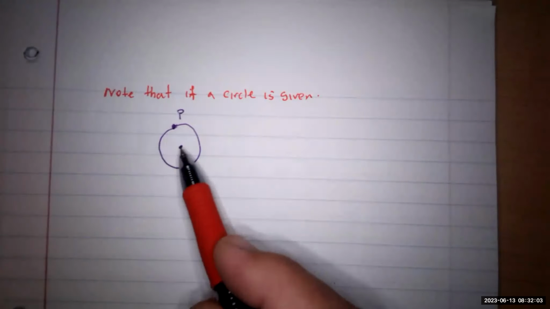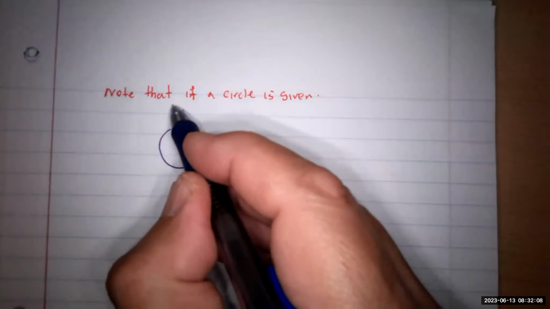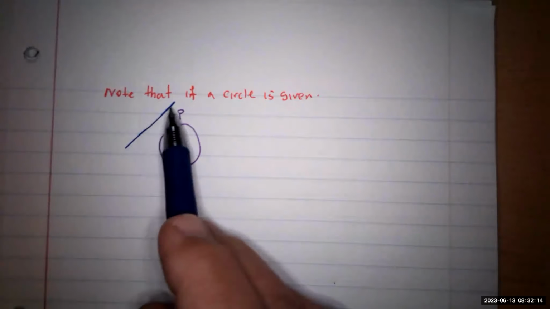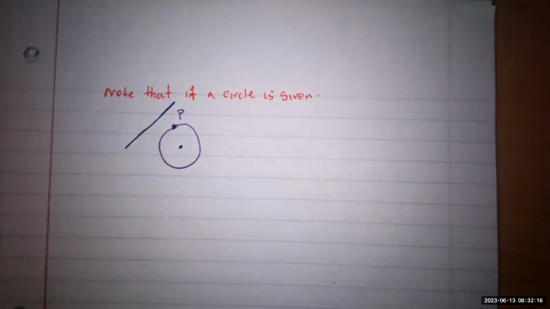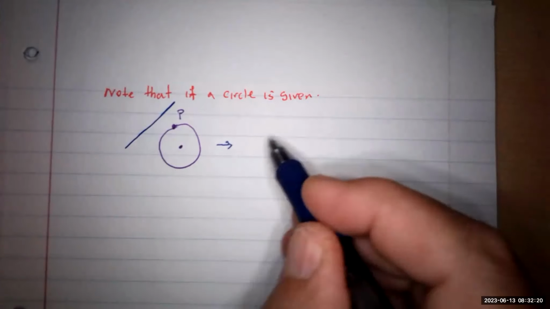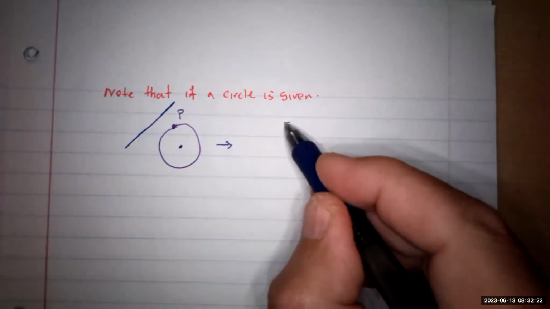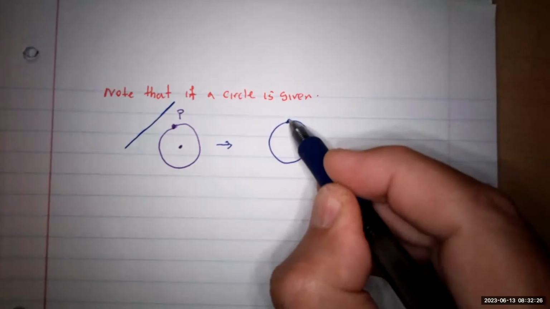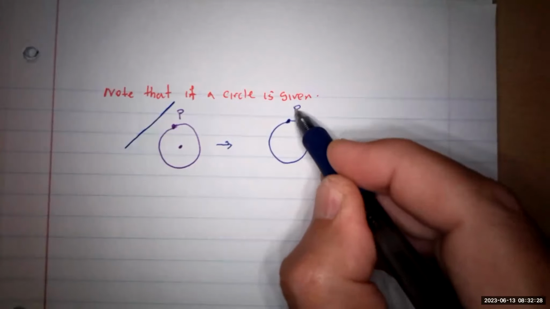The way they define the tangent line in geometry is they say we start with the circle and we start with a line. We pick a line outside the circle.